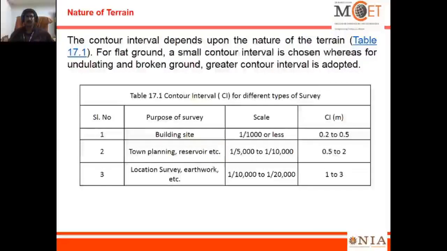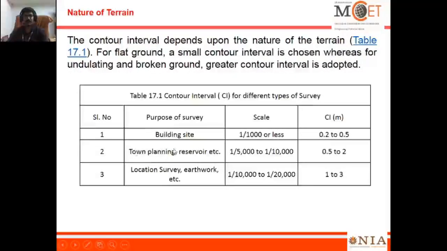The first one is the nature of the terrain. If we want to draw a contour map for the purpose of a building site, the scale is most probably 1 in 1000 or less than that, so the preferable contour interval is 0.2 to 0.5.